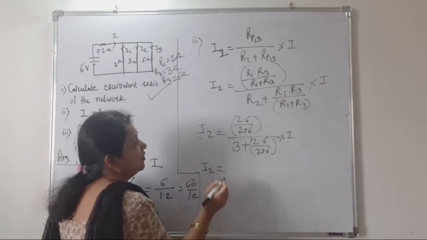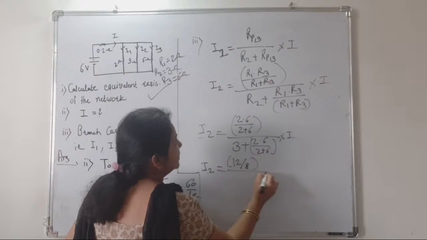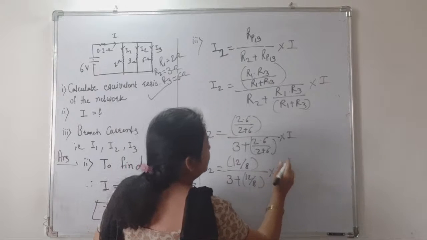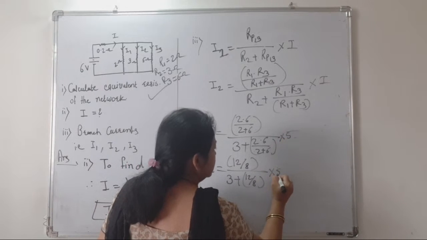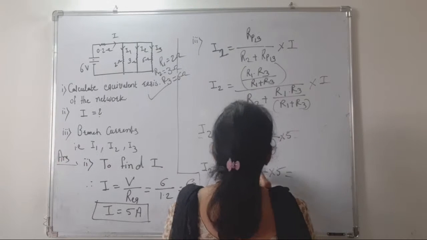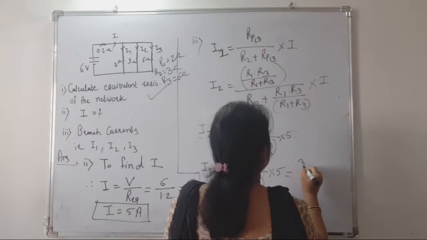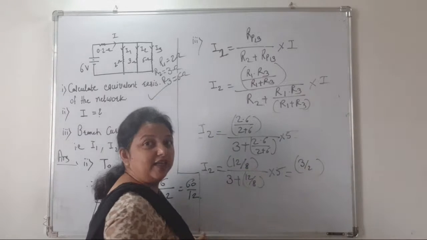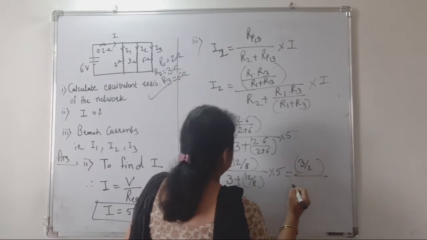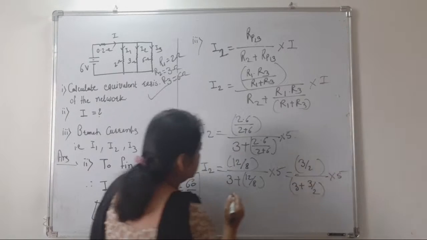Therefore, I2 is equal to 12 upon 8 upon 3 plus 12 upon 8 multiply by 5. Three by 2, or how you simplify 3 by 2. 12 by 8 is what? 4 3s are 12, 4 2s are 8, upon 3 plus 3 by 2 multiply by 5.